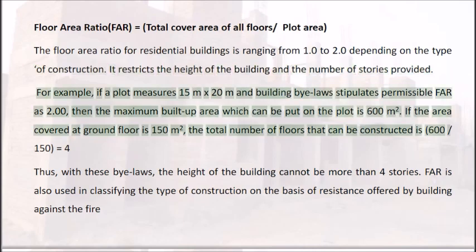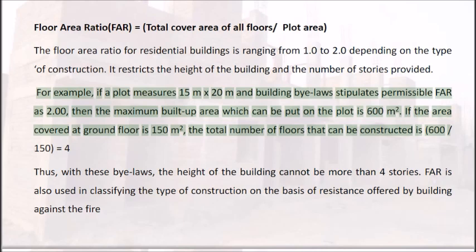For example, if a plot measures 15 m x 20 m and building bylaws stipulate a permissible FAR of 2.00, then the maximum built-up area which can be put on the plot is 600 square meters.